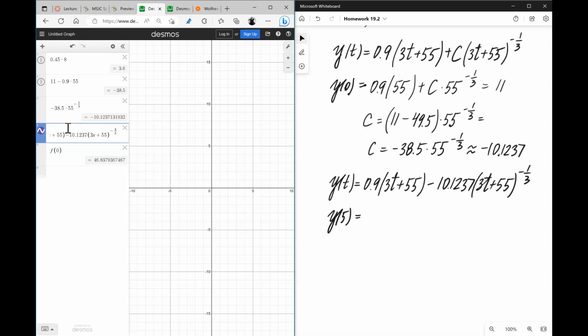Let's see, something is wrong here. Maybe I computed it wrong. The constant, let's see.